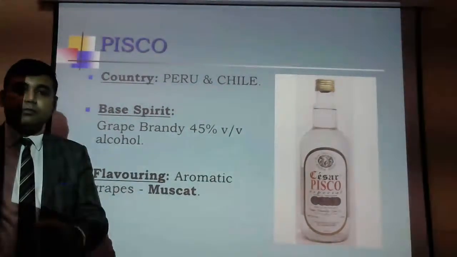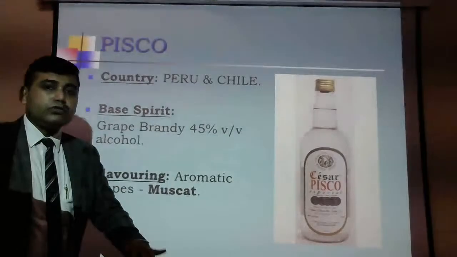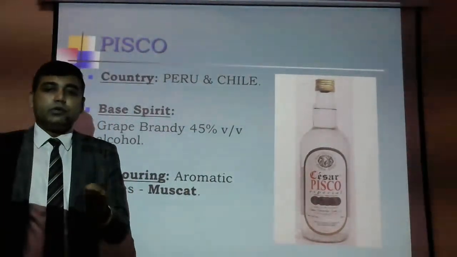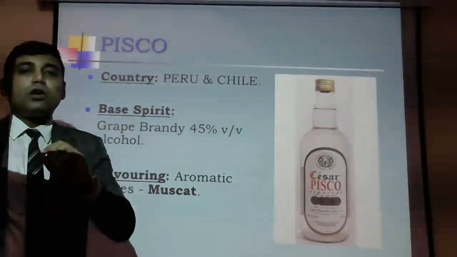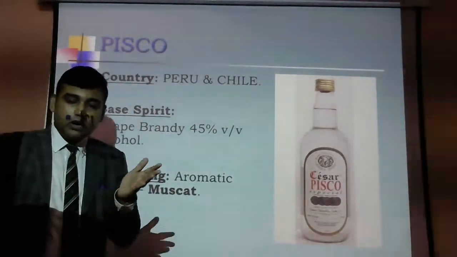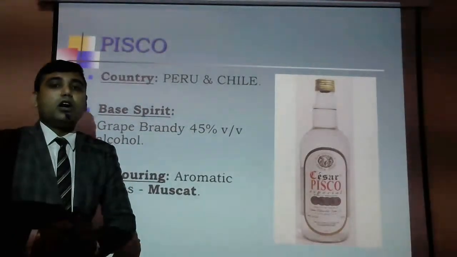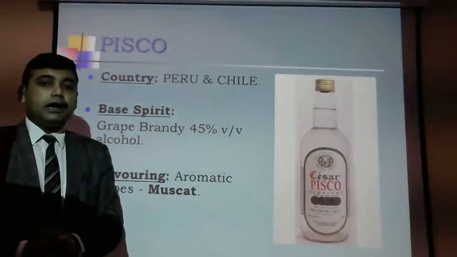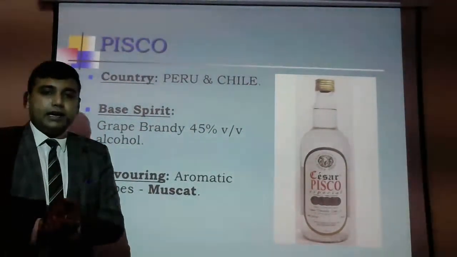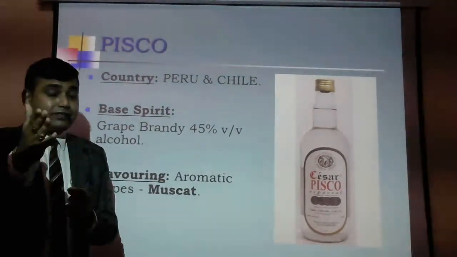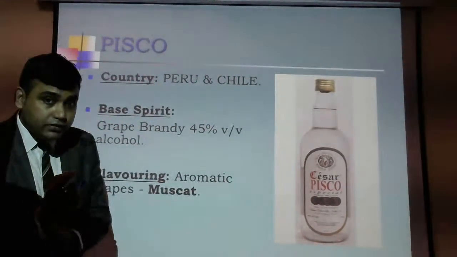So these are the grape varieties which are used for making Pisco. It is a local brand, and more or less the alcoholic percentage is 45%, and it is distilled in a patent still, a much refined spirit, aromatic with muscat. As I said, they are made from indigenous grapes.